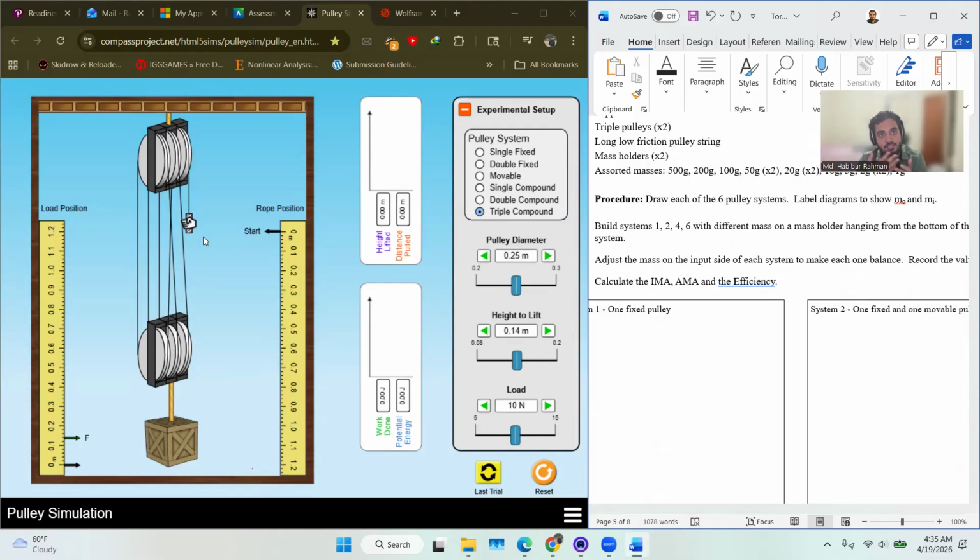If there is a larger number of pulleys, I will explain later, over time you have to pull a longer length of rope. But what happens is that you will apply less force per unit time.